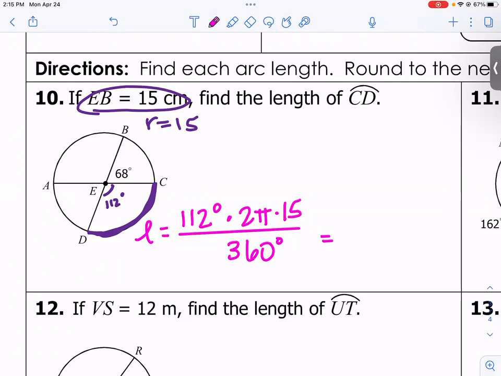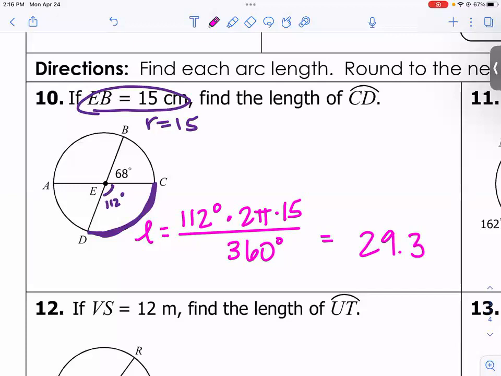What did I do in my calculator? I got 105... 29.3. I don't know what I did on mine. Whoops.